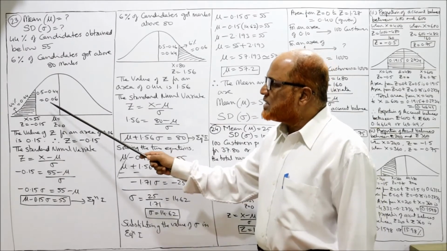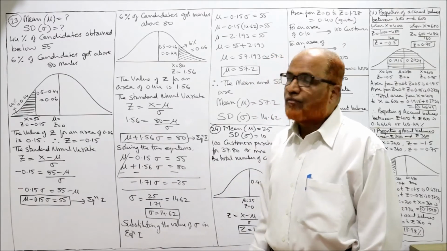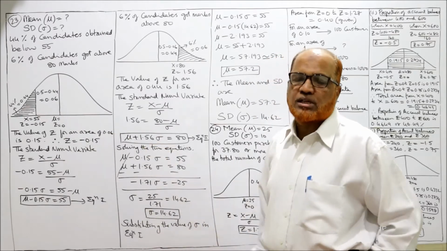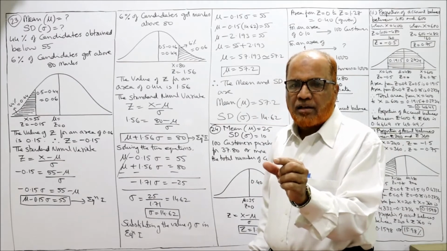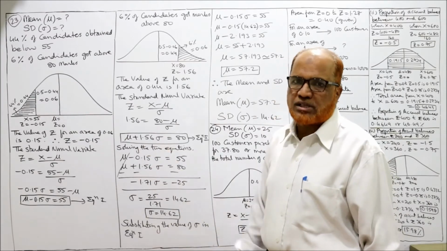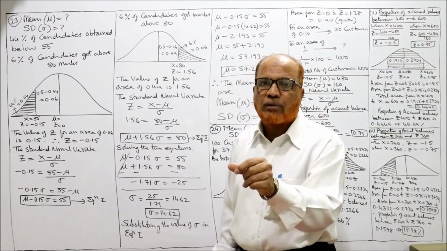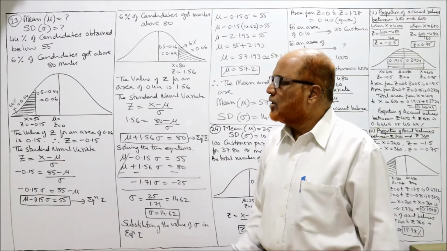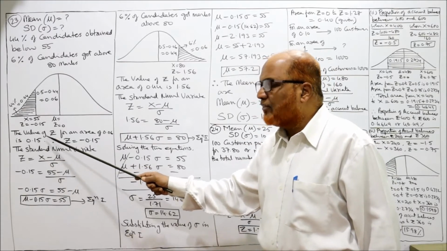By using this area, we can find out the Z value. What is the Z value for an area of 0.06? Now you have to refer to the table. In the body of the table, you search for 0.06, in which row and which column. So the value of Z for an area of 0.06 is 0.15.